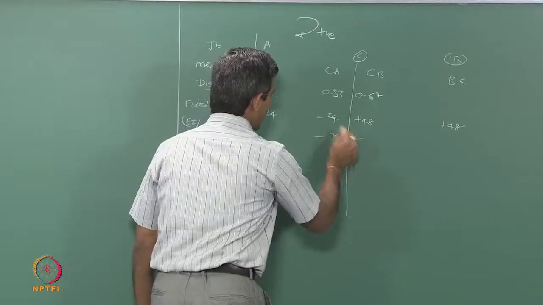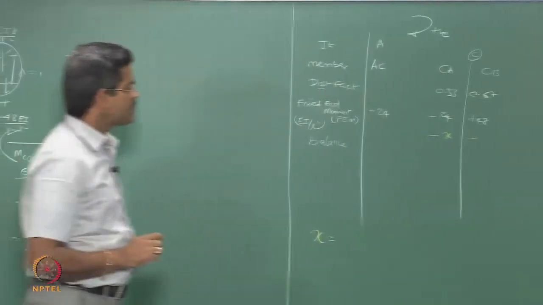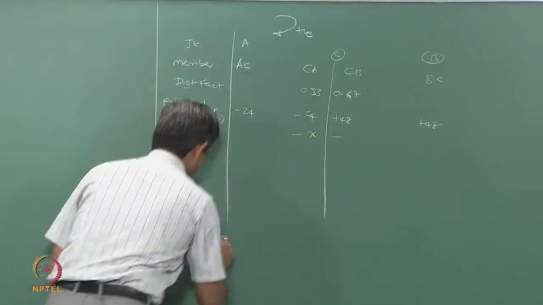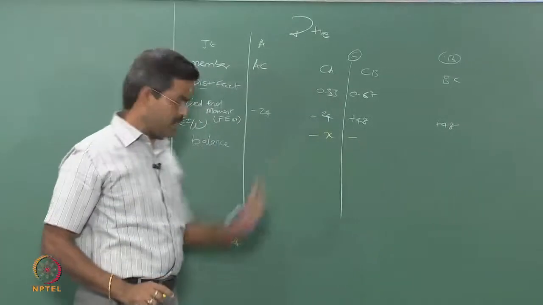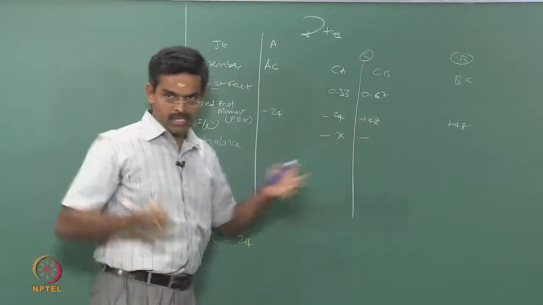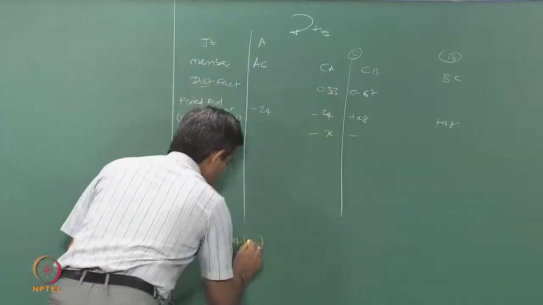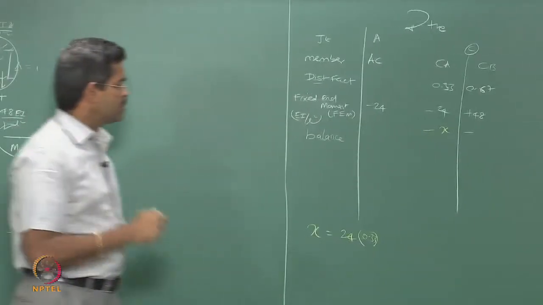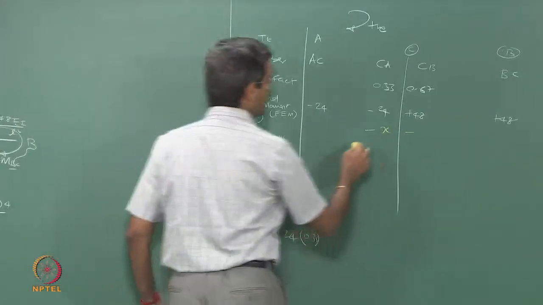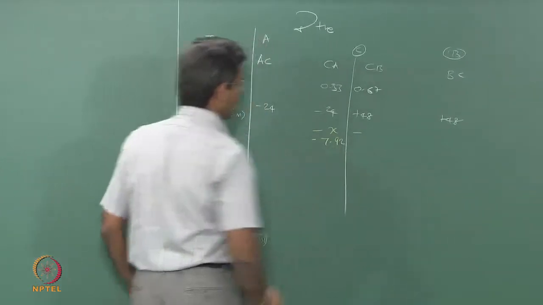Now, if I say this is x, this x value will be equal to the difference of these, which is 24, no sign here because the sign is already written here. The algebraic difference of these two multiplied by the corresponding DF. How much is this? So, I will write it here minus 7.92.